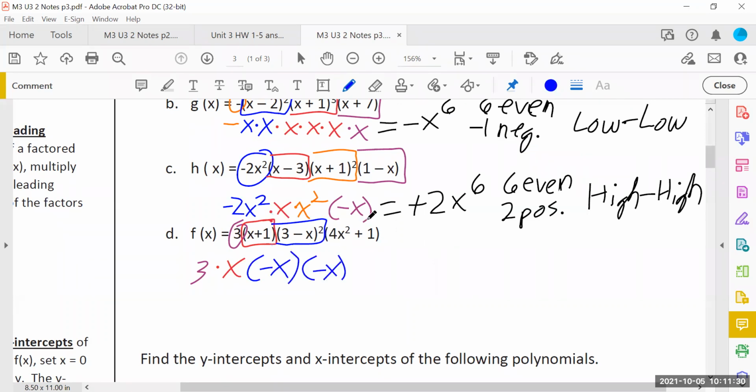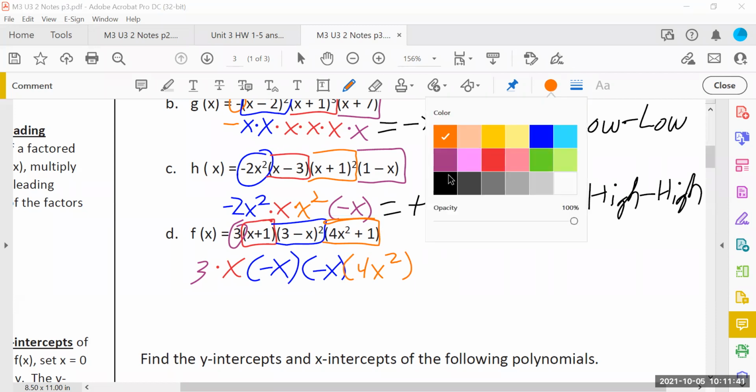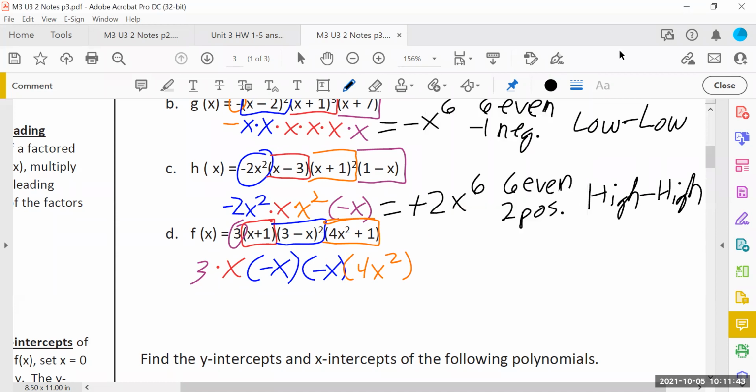And then we have, for this one, 4x squared. Right, the 4x squared, that's the highest degree term in that last piece, last factor. Put it all together. 3 times negative 1 times negative 1 times 4 would be positive 12. And then 1, 2, 3, 4, 5 x's, 12x to the 5th.